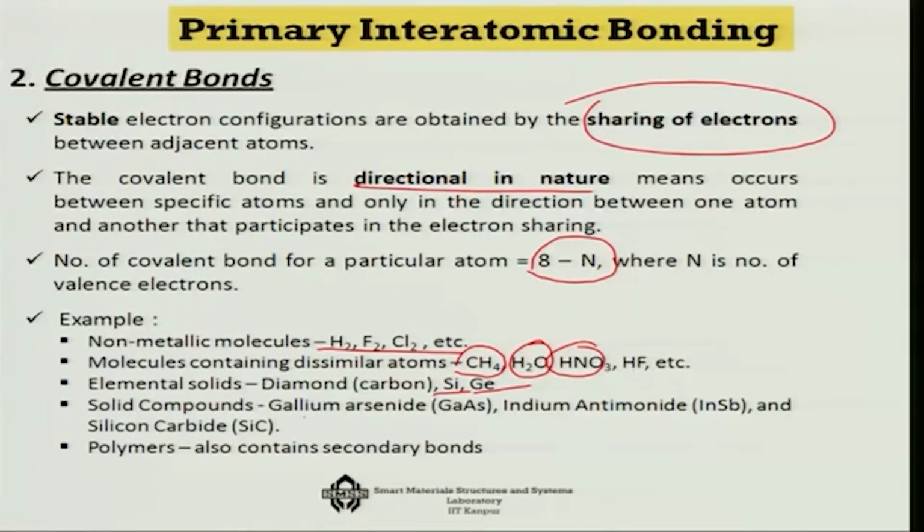We have solid compounds like gallium arsenide, indium antimonide, silicon carbide. And we have some polymers which have primary bonding, but they also contain secondary bonds. That is why polymers are not very strong, because they also contain the secondary bonds.